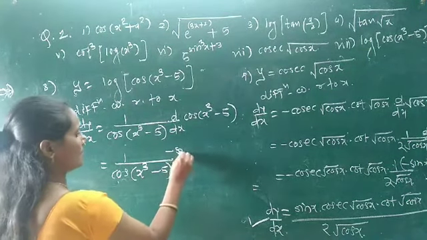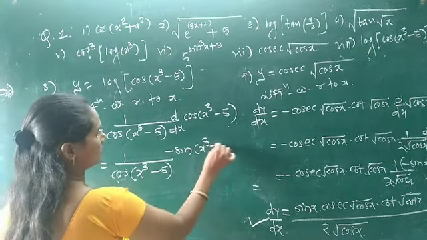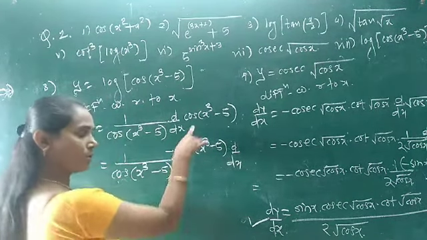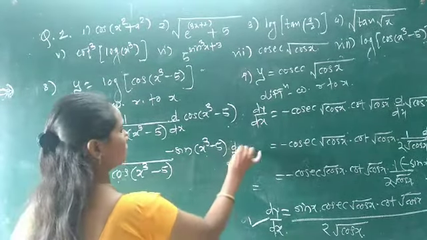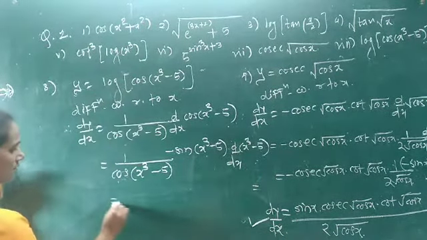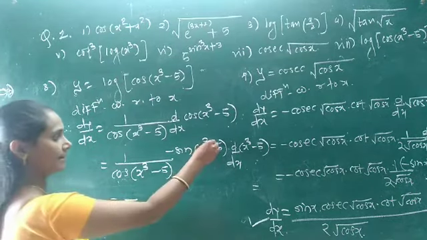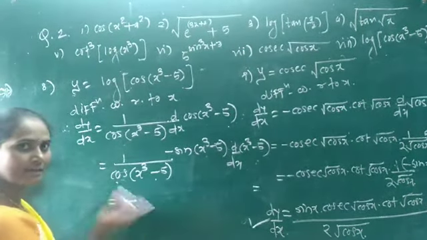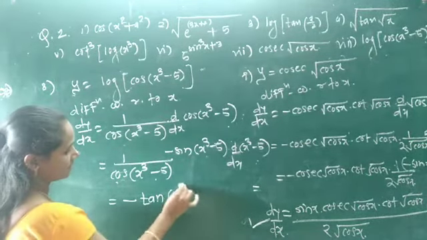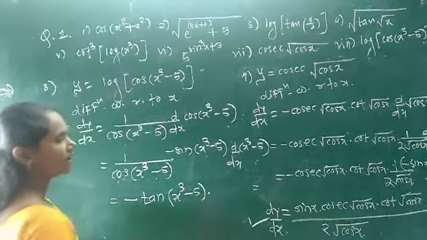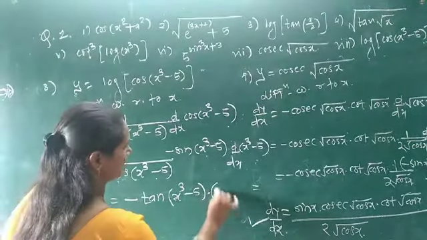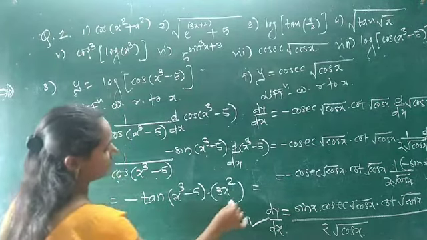So right here minus sin of x cube minus 5 into the derivative of x cube minus 5. Here minus sign as it is, sin theta divided by cos theta, that is tan theta. Instead of tan, here tan of x cube minus 5 into what is the derivative of x cube? 3x square. The derivative of x cube is 3x square.